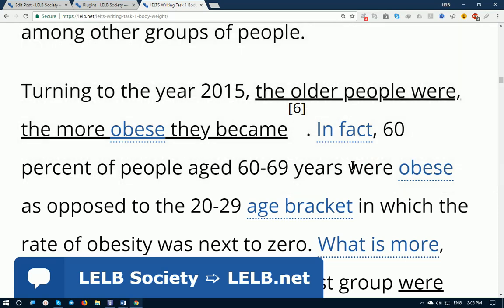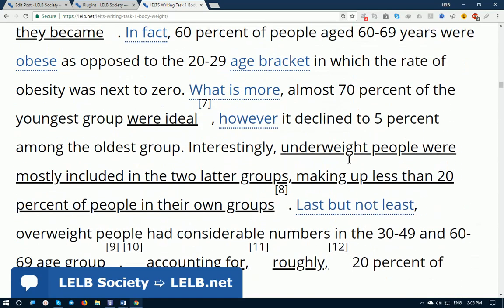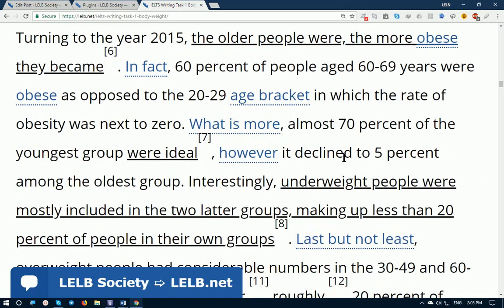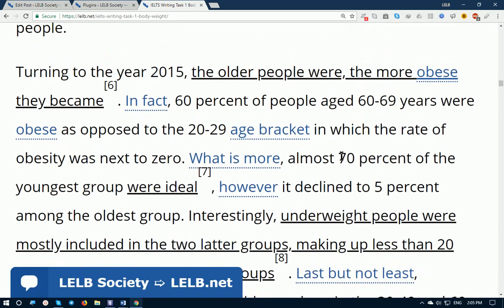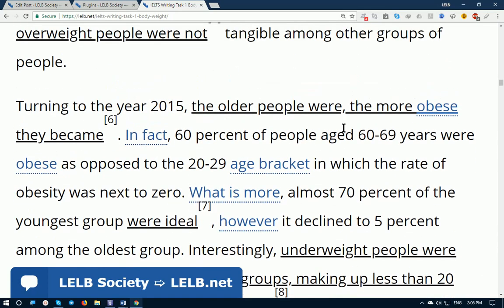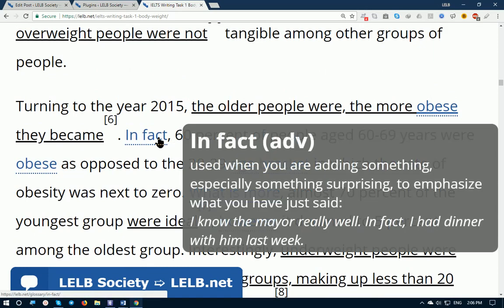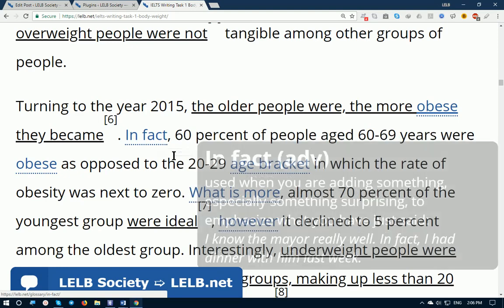In fact is used when you are adding something, especially something surprising, to emphasize what you have just said.